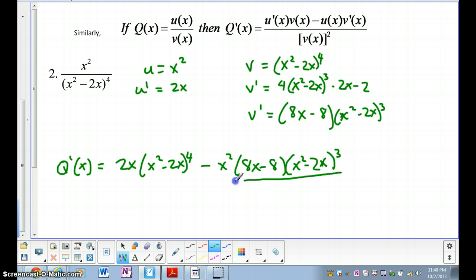And then all over v squared. And v squared in this case is our x squared minus 2x to the fourth. So if we square this, we'll end up with x squared minus 2x to the eighth. But let me go ahead and show you that step.